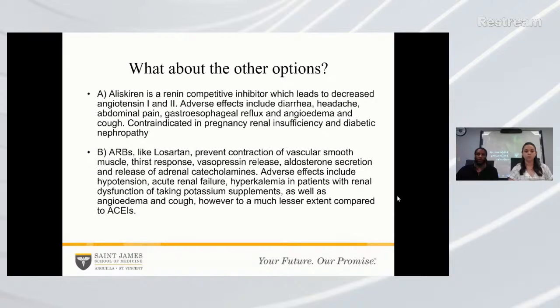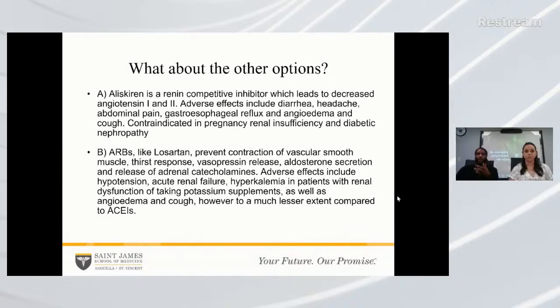You can cause acute renal failure because a lot of healthy people will constrict the efferent in order to maintain their GFR, and high potassium as well. Again, this has to do with aldosterone being blocked. So angioedema and cough as well, but this is to a much lesser extent than ACE inhibitors.